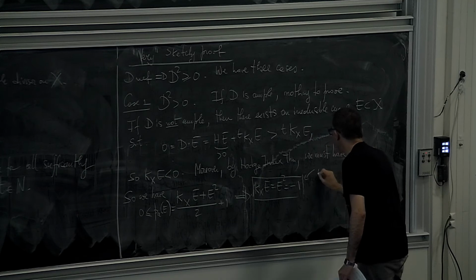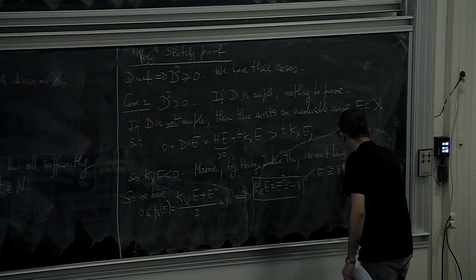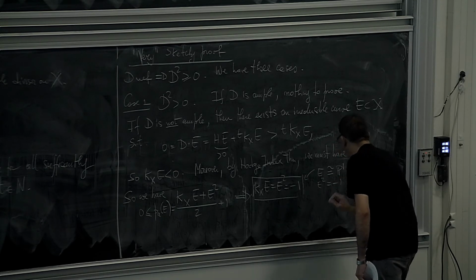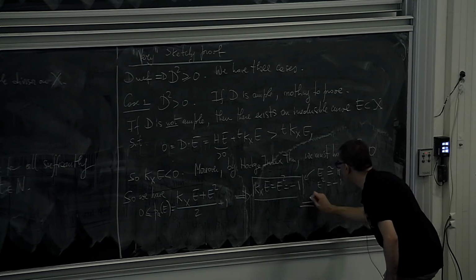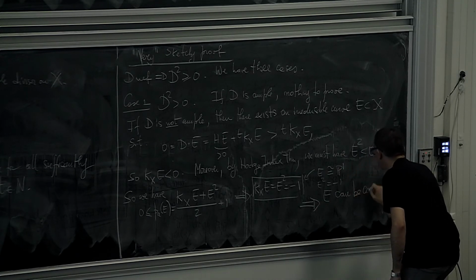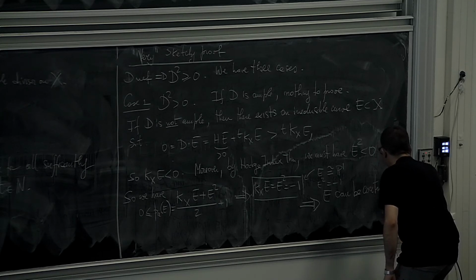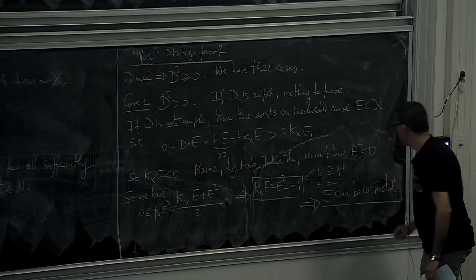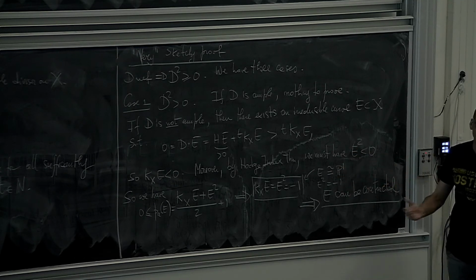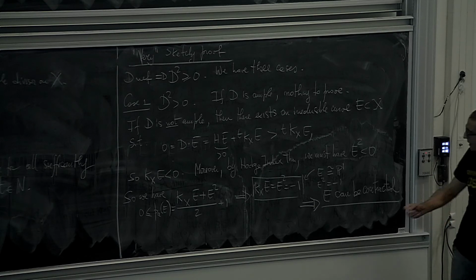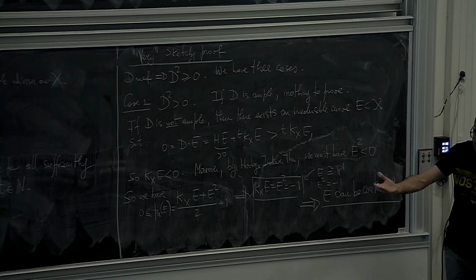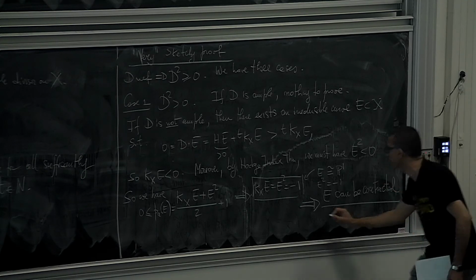This means that E is isomorphic to P1, and E squared is equal to -1, and so this E can be contracted. This is the exceptional divisor of a blow-up. By Castelnuovo's theorem on surfaces, every curve with these properties is the exceptional curve of a blow-up, so it can be contracted. This is Castelnuovo's theorem.